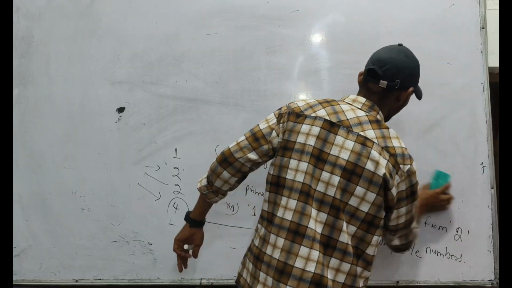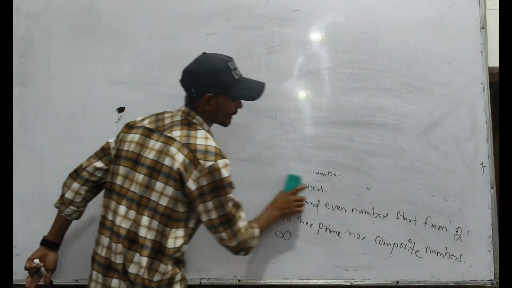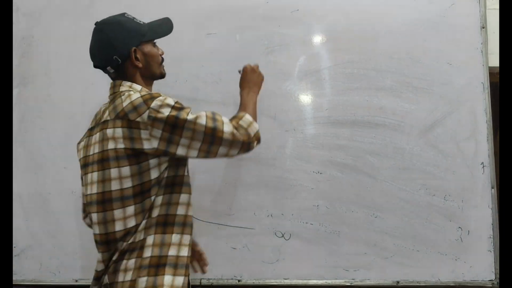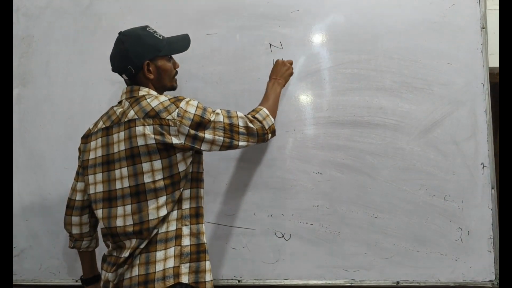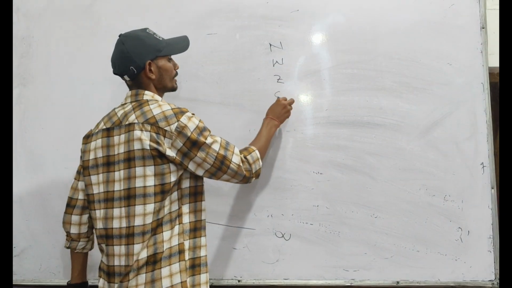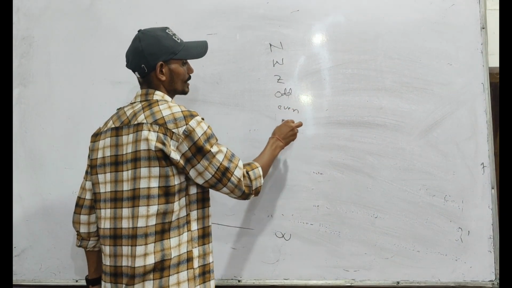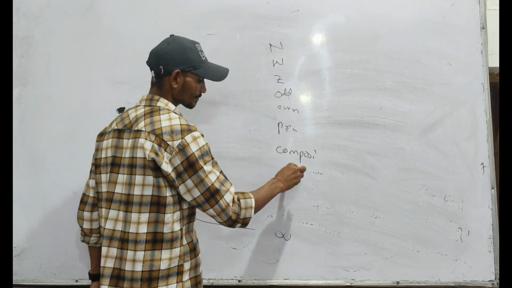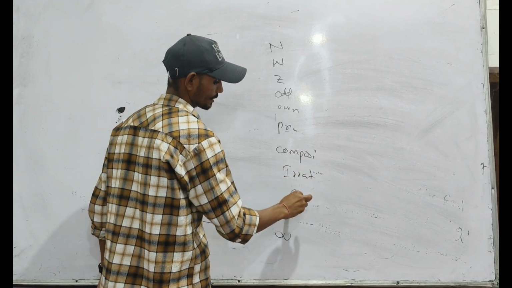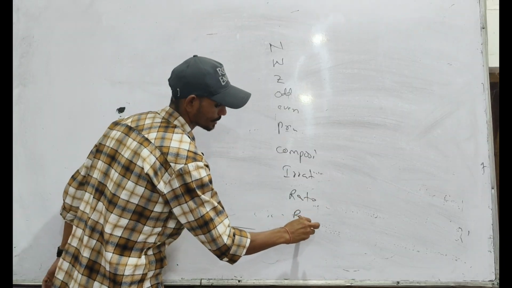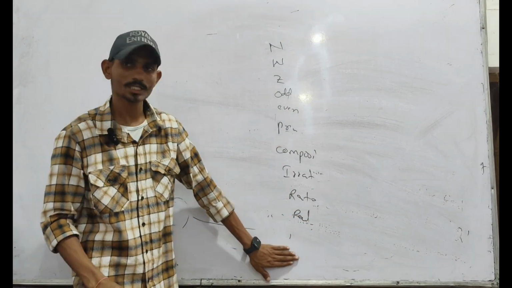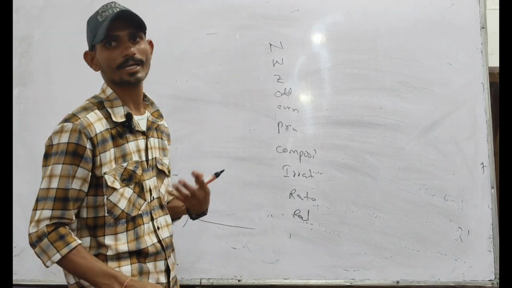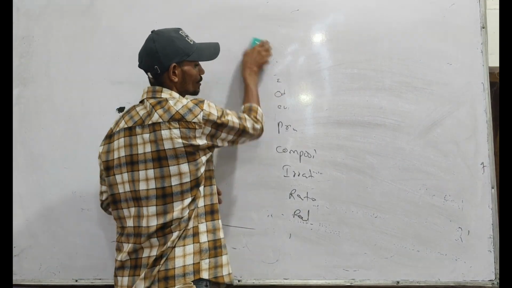Today in this class we discussed all types of numbers: natural numbers, whole numbers, integers, odd numbers, even numbers, prime numbers, composite numbers, irrational numbers, rational numbers, and real numbers. Among all the numbers, the biggest is real numbers. Next, I am going to give a Venn diagram to identify which numbers are which.